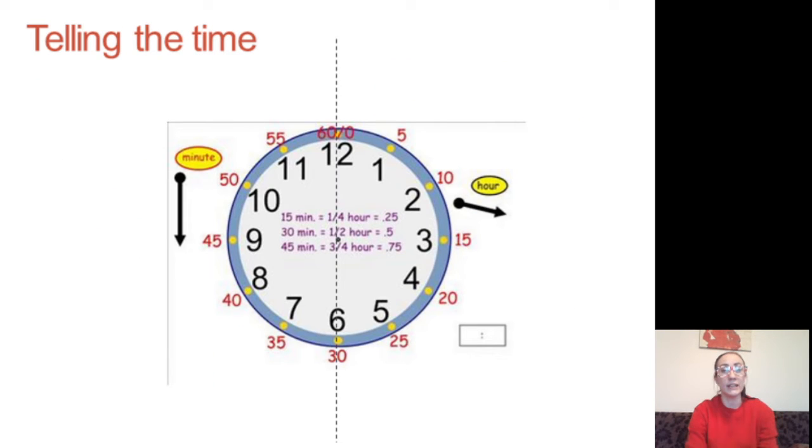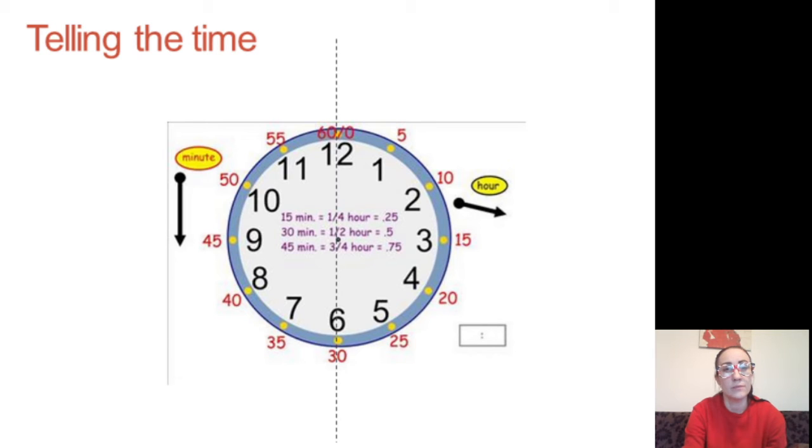Now, looking at the clock face, we have the 60 minutes. As you can see, from the top where it says 12, we start with the 00, which is the full hour, and then we divide the clock face by 5s. So each interval represents 5 minutes.